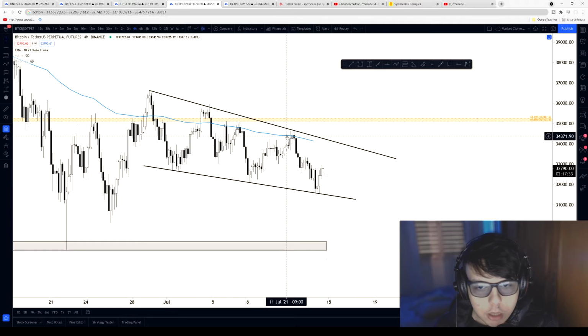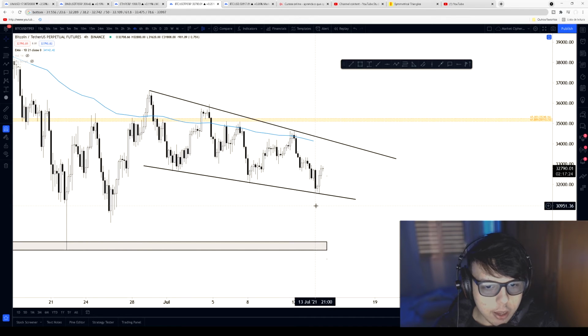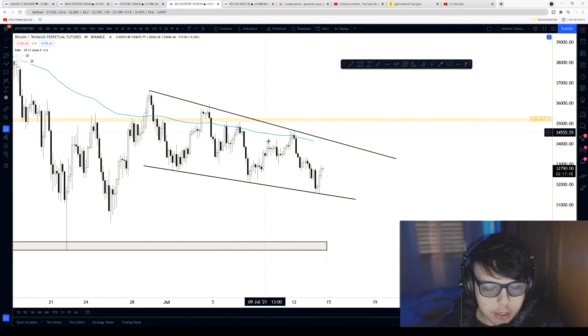Okay, so I'm pretty sure that we are gonna make this move either to the upside or to the downside pretty soon, because we already had a lot of touches on this pattern here, and the time for a breakout of this is gonna arrive any day now.